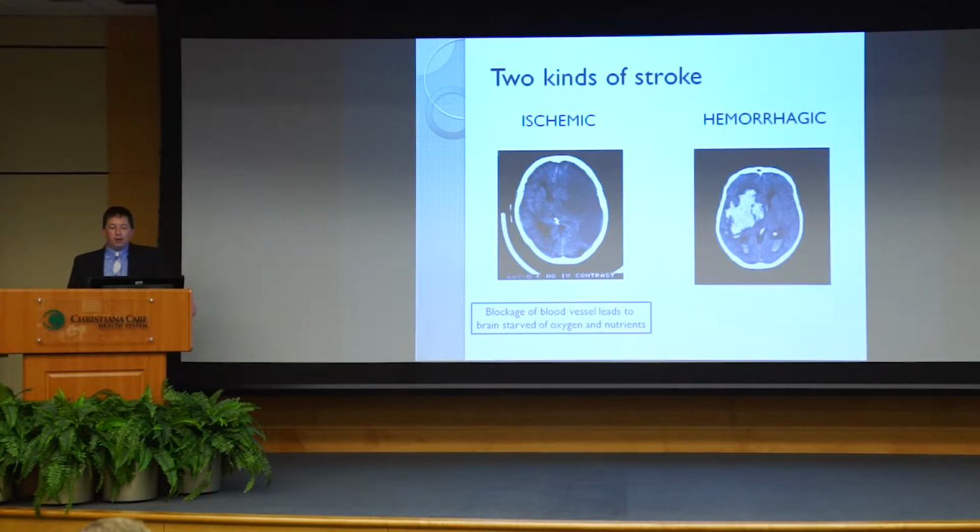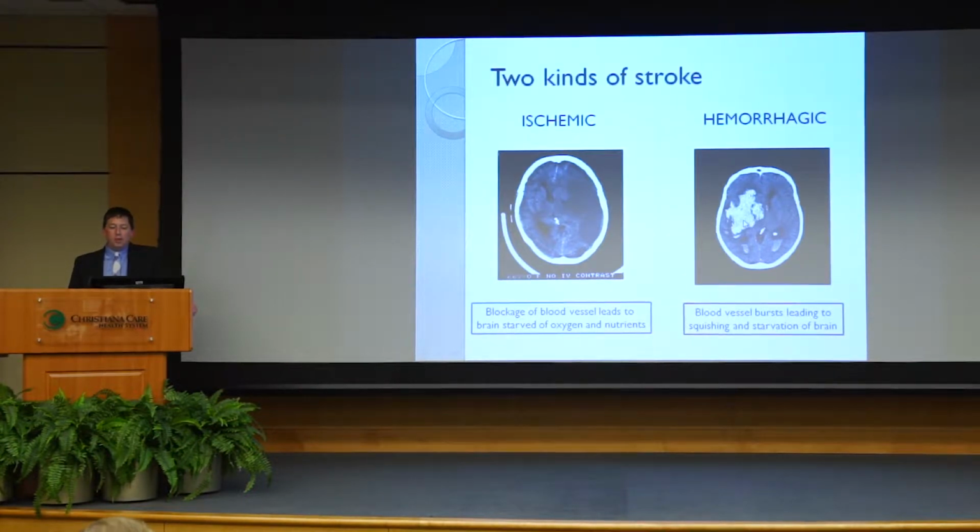There's a second type of stroke, which can have the same symptoms, but is caused by a different problem inside. That's a hemorrhagic stroke. It's called hemorrhagic because there's actually extra blood, or hemorrhage, in or around the brain. This white area in the CAT scan is that extra blood.